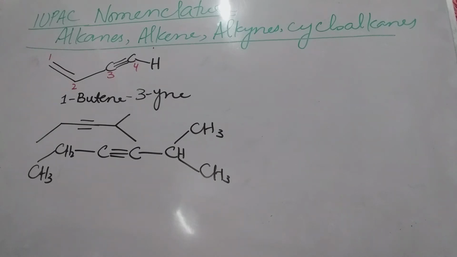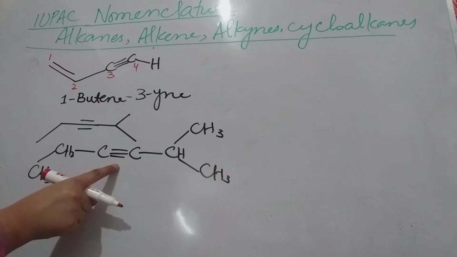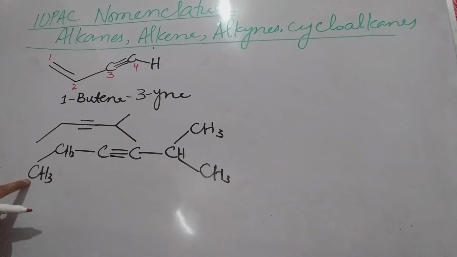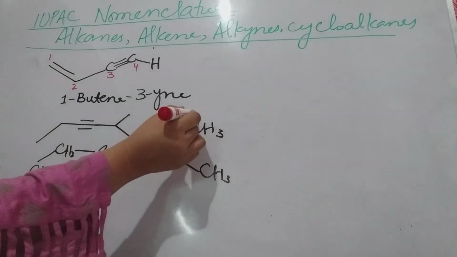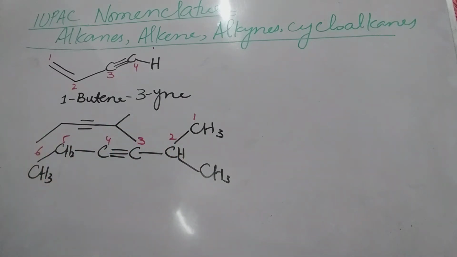If you start numbering from here 1 2 3, at 3 position you have a triple bond and at 2 position you have a substituent, and if you start numbering from the other side 1 2 3, there is no substituent, so we will number it from here 1 2 3 4 5 6. All of you getting this?